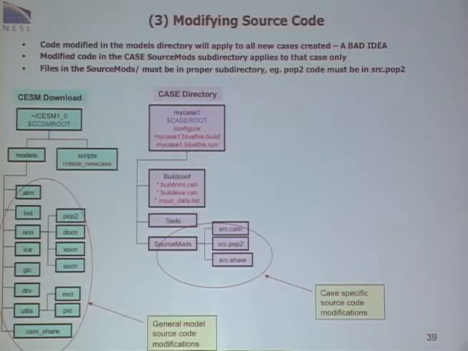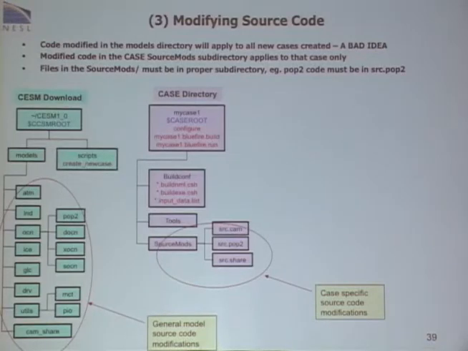You may actually have the source code shared between multiple people. You may not even have write access to this directory. It's entirely possible to put this in a public space for people to reference. So generally, any new source code modifications you're going to want to put in source mods.